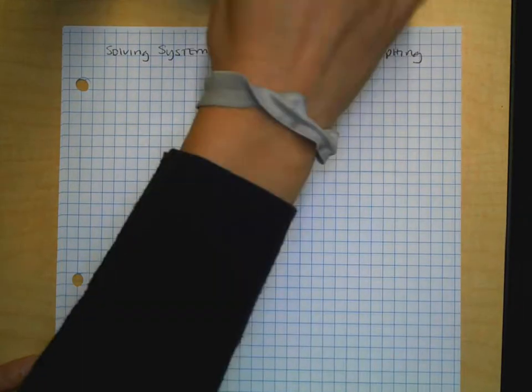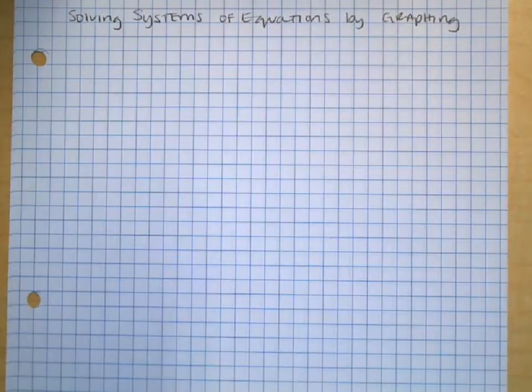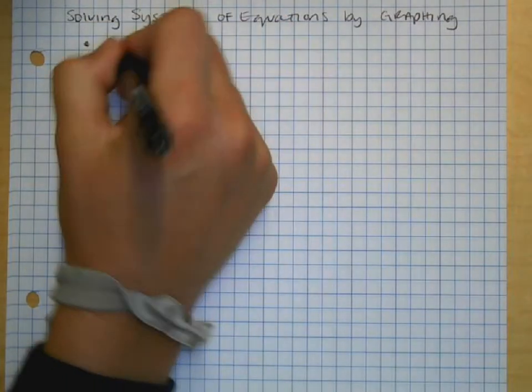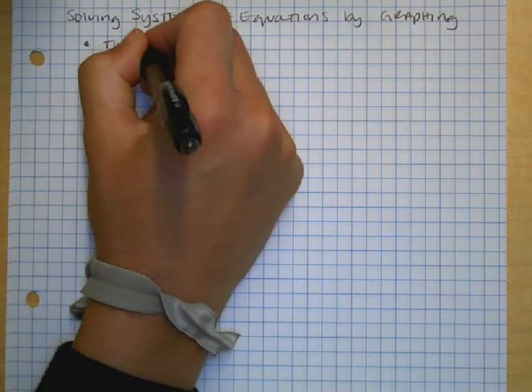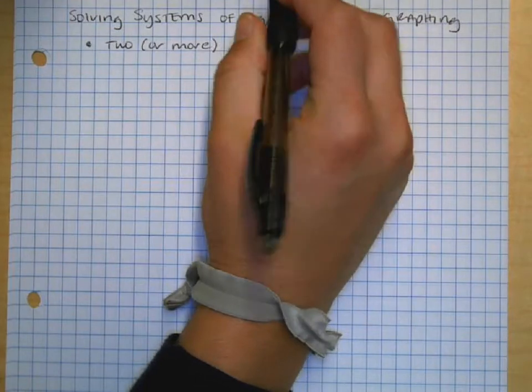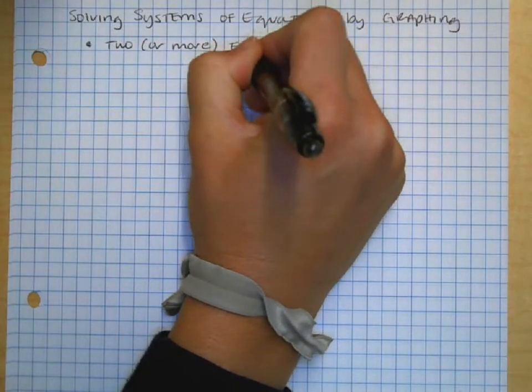Okay, so for solving systems of equations by graphing, we need to make sure we know what a system actually is. This means that we have two or more equations with the same variables.